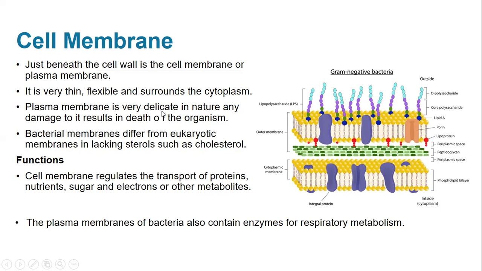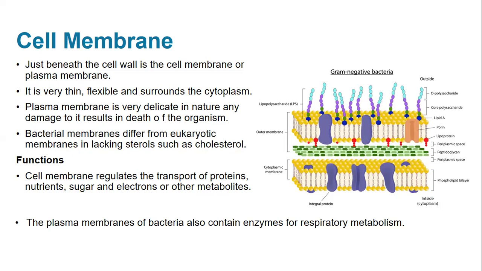The plasma membrane is very delicate in nature, and damage to it results in death of the organism. This is a very unique and special type of structure or envelope that covers the protoplast of the bacterium. Bacterial membranes differ from eukaryotic membranes in lacking sterols such as cholesterol.